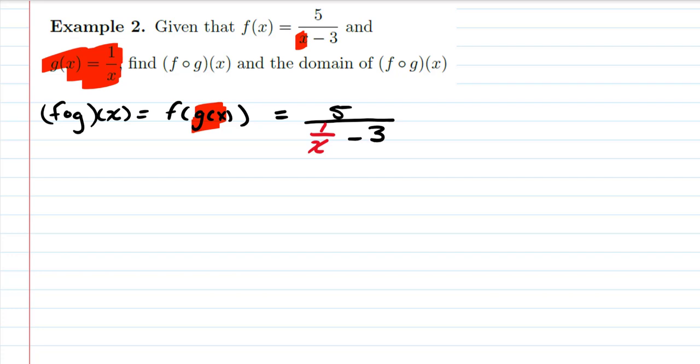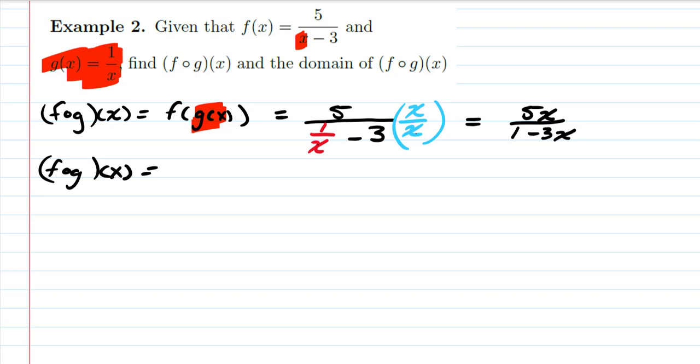So now we have a compound fraction again, so let's multiply the top and the bottom by x, and when we do so, we get 5x, x times 1 over x is 1, and x times 3 gives me 3x. So then my f circle g of x is 5x all over 1 minus 3x.